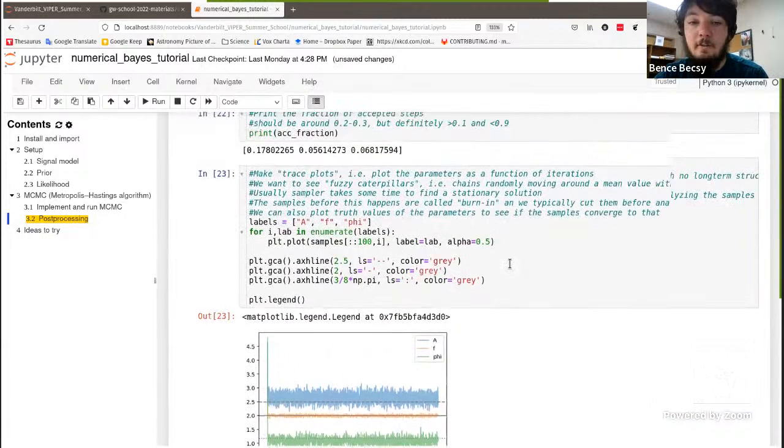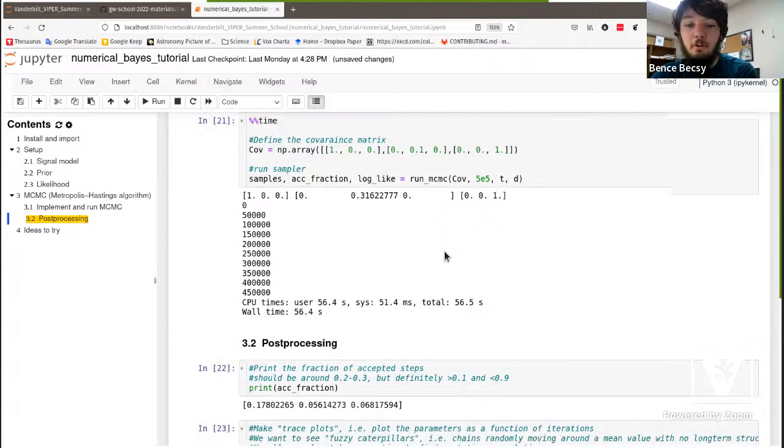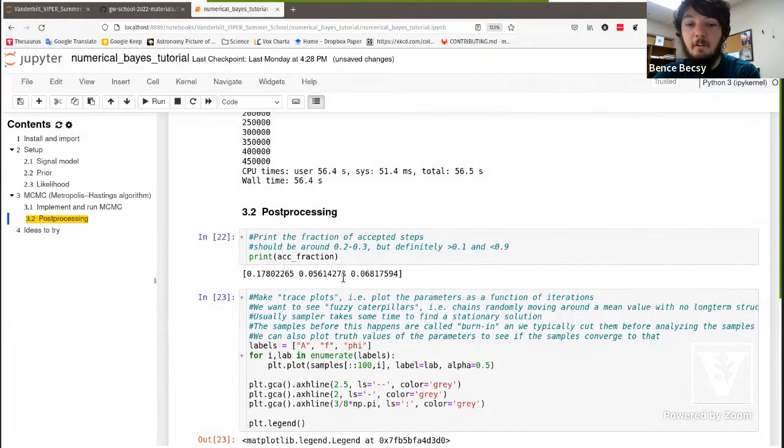So I guess this is a good lesson that there's a balance between having big jumps and small jumps. This is definitely not an ideal acceptance rate, below 0.1, but then it helps explore and find the signal.